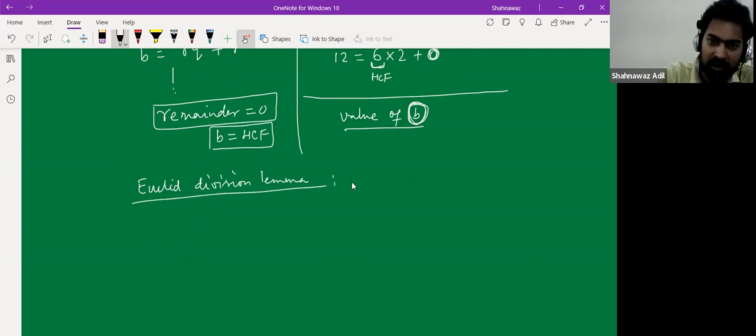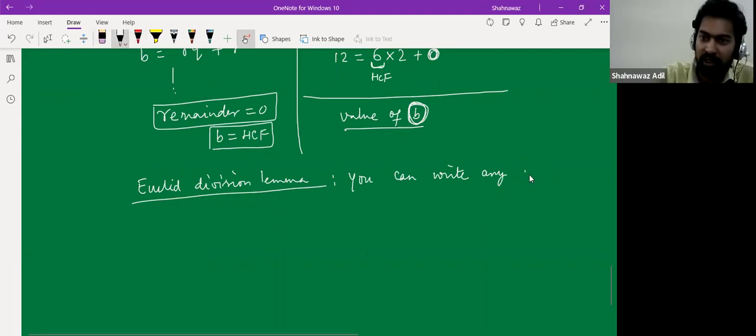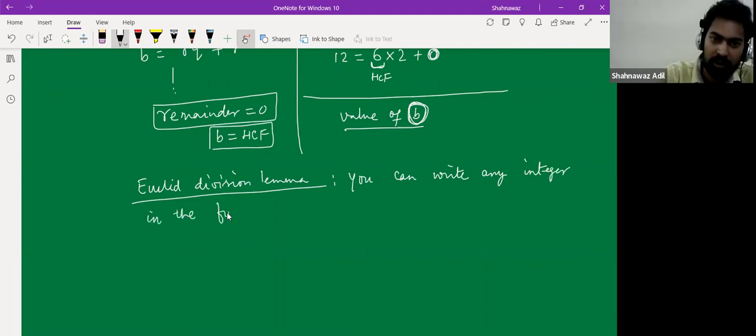That you can write any integer, any positive, or let's say any integer, in the form of bq plus r, where your r is right.